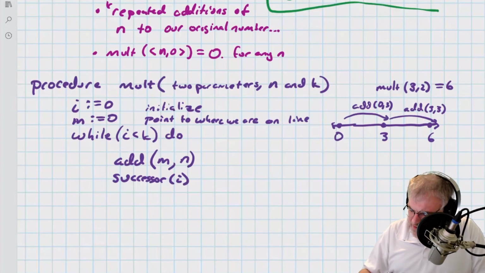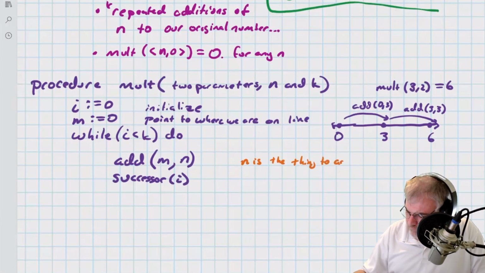So I'm going to start with 0, and I'm going to add n to m. In this example, n equals 3 here.